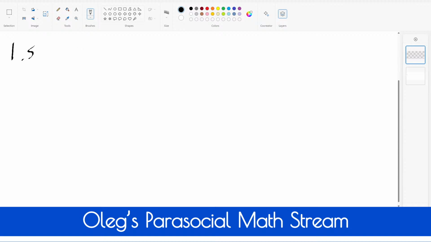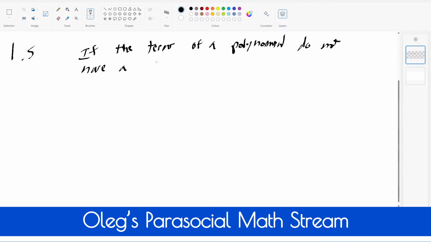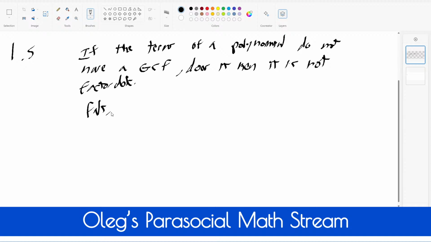Okay, so if the polynomial does not have a greatest common factor, let's write this down. So this is my answer.